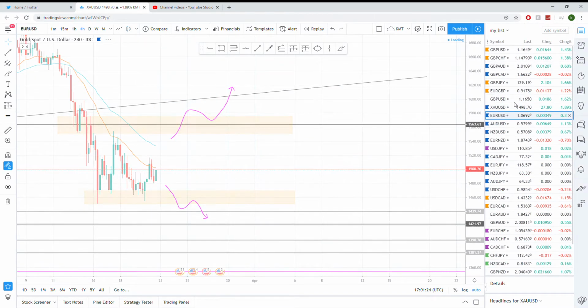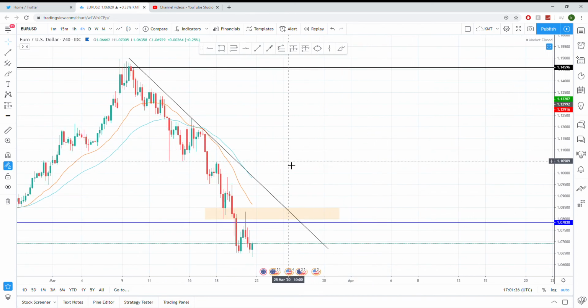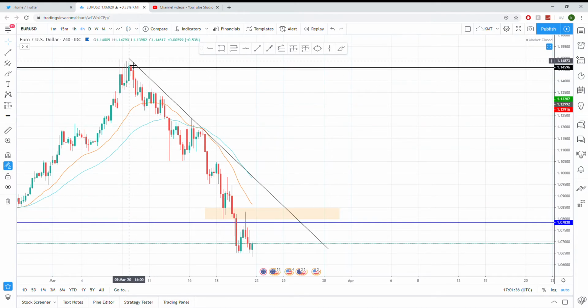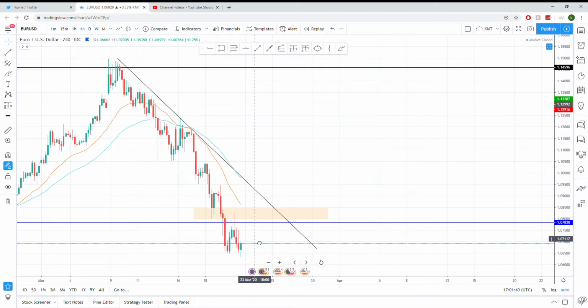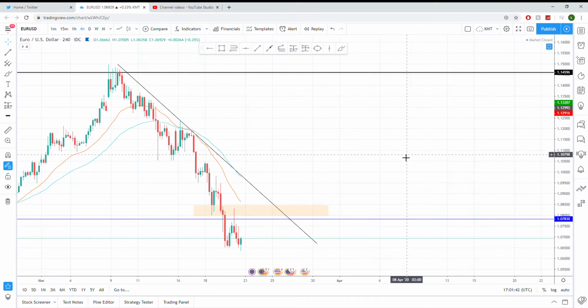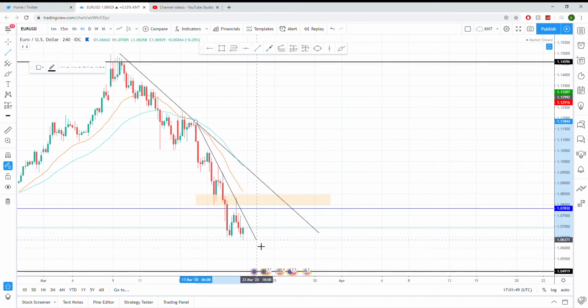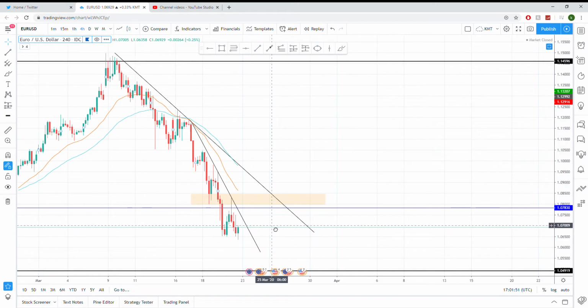Moving on to Euro USD. We've got that huge push to the downside, and something I want to mention here is, if you take this daily trend into consideration, notice how price is instantly steep and moving very aggressively against the trend line. We can also draw another trend line within this intermediate trend line.